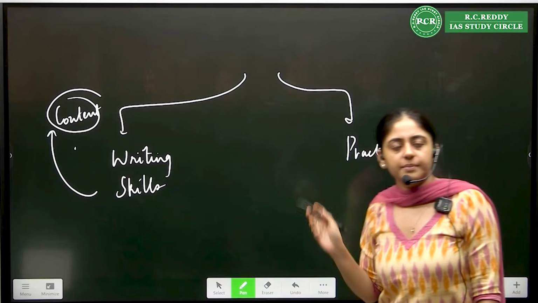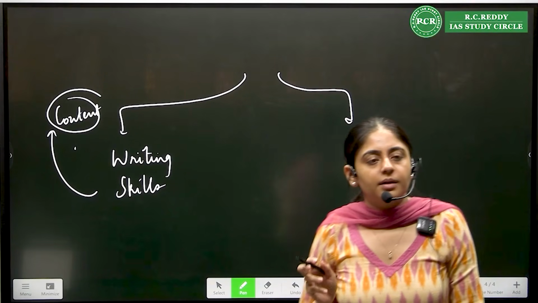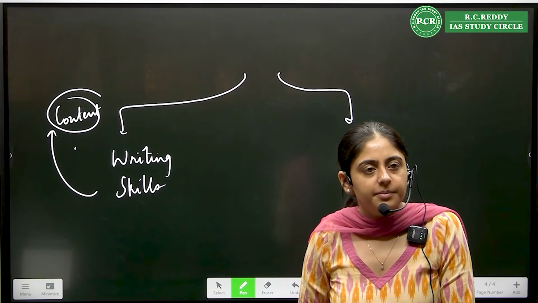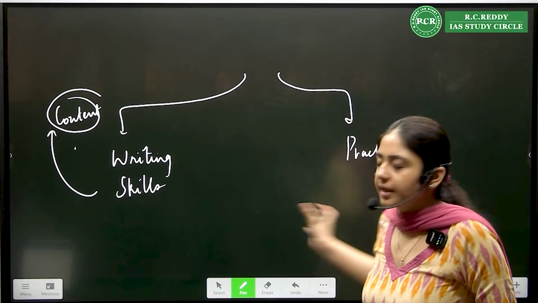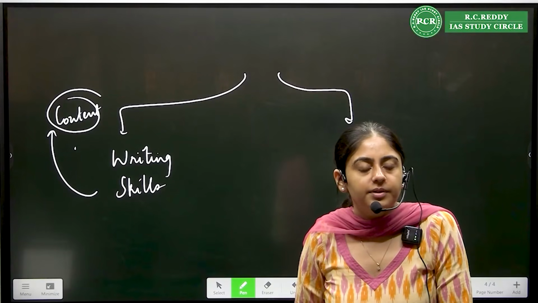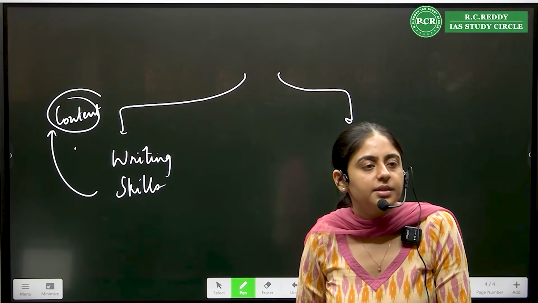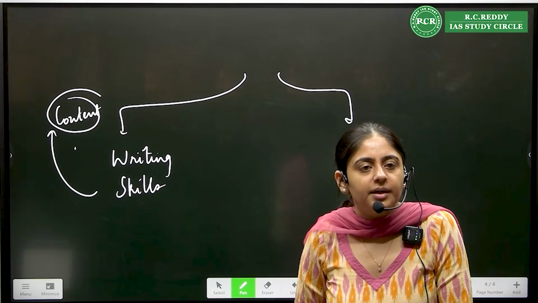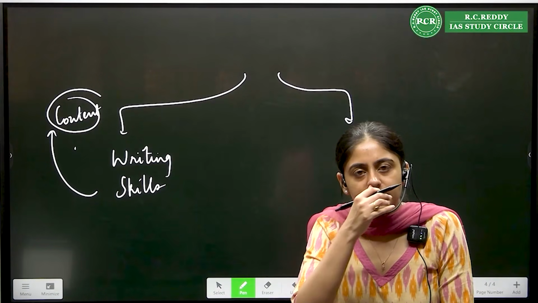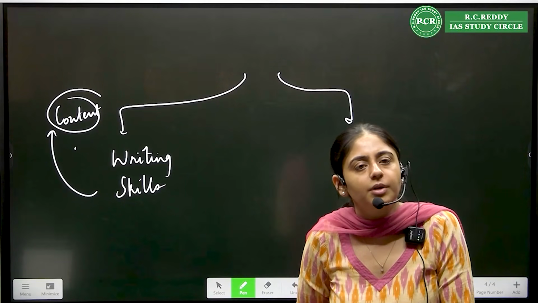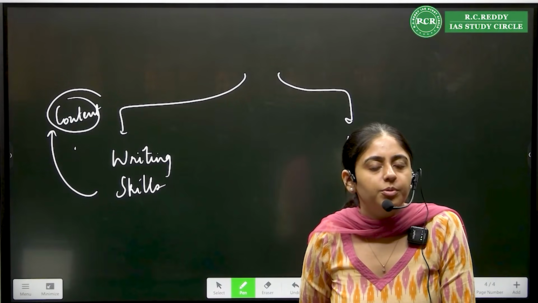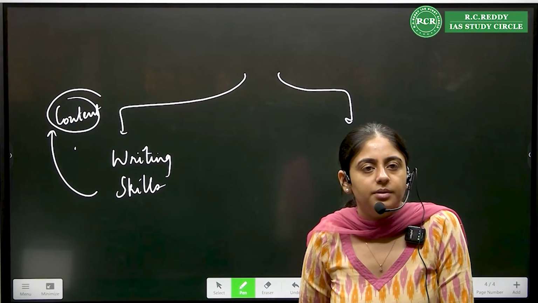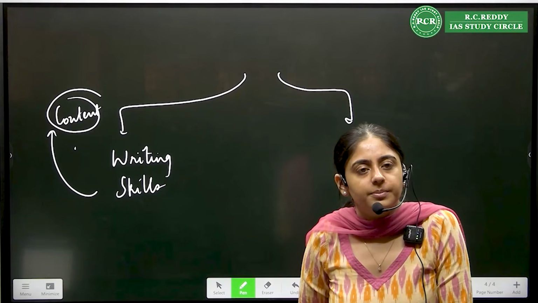But these people will need a lot of practice, and it's okay. Everybody doesn't have every kind of aptitude. Just that for the second type, where you're not comfortable with writing 800 words or your writing skills are not that great, just practice more. If other people are writing 5 essays, you aim for 10 or 11, and it will improve. Definitely, it will improve. The only way to improve in your mains exam is to practice more and get it checked also.